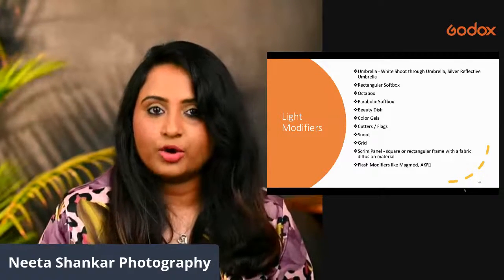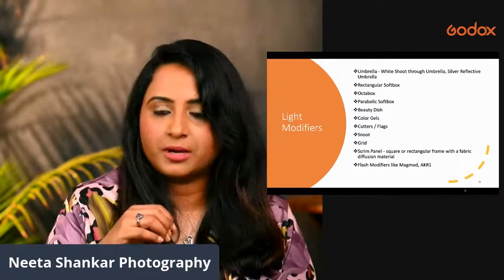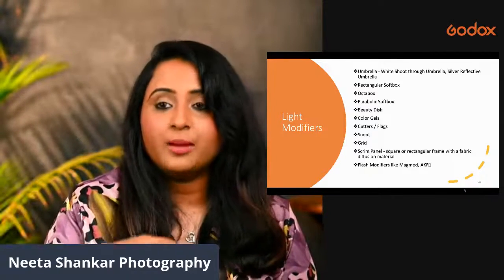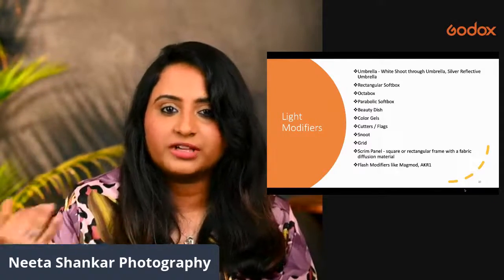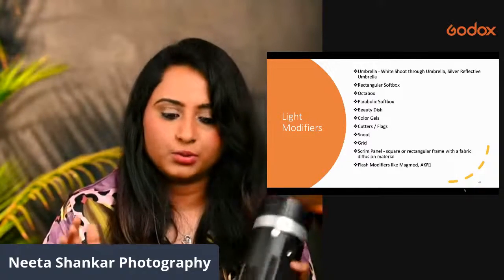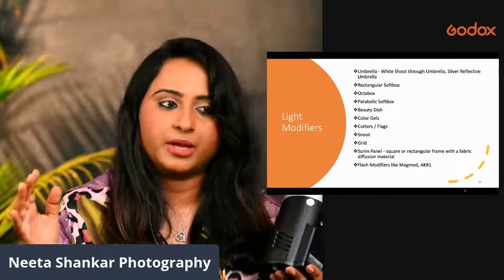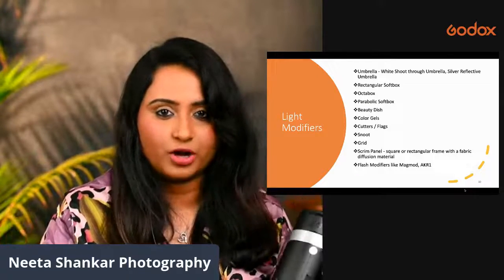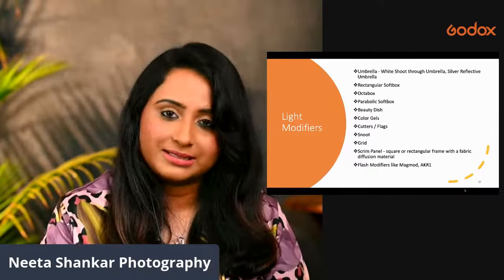The bulkier the modifier, the more cumbersome it is to move. Plus, you would be blocking the view of the guests and they wouldn't like it. So most often during weddings, I use very small modifiers, like maybe a 45-inch or 60-inch softbox. That is what works really well.